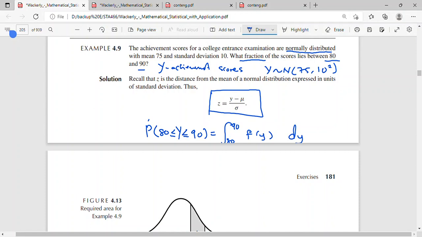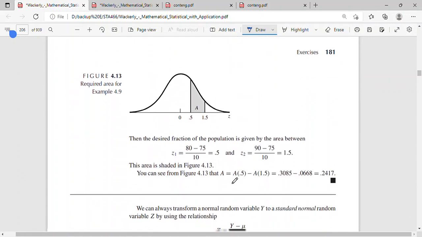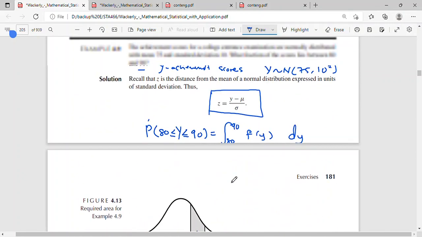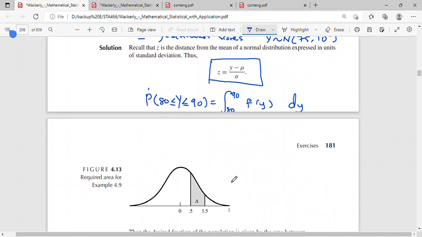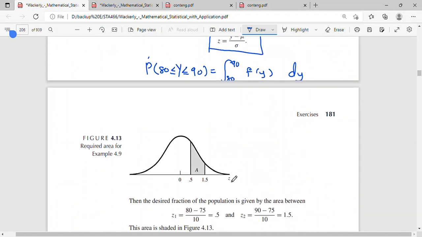So because of we have the standard normal table, so why not kita akan gunakan standard normal table untuk cari nilai probability. But before that, nak gunakan standard normal ni, kita kena transform dulu daripada y kepada z. So how to transform that? Nilai value y tadi tu kena tolak dengan mean, kena bahagi dengan standard deviation. Okay, so daripada sini kita kena tukar dulu daripada y tu kepada z.